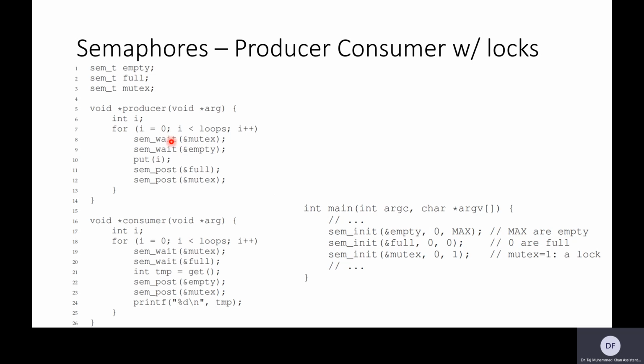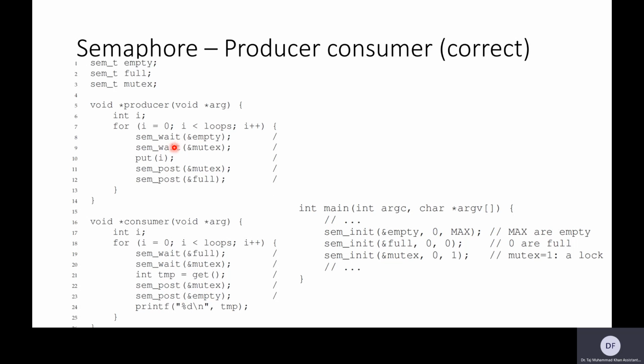Similarly, we should interchange these two lines also in the producer. So here we have this new implementation where we acquire the mutex after we know that there is space in the buffer. Similarly, the consumer holds the mutex after it knows that there are values in the buffer.